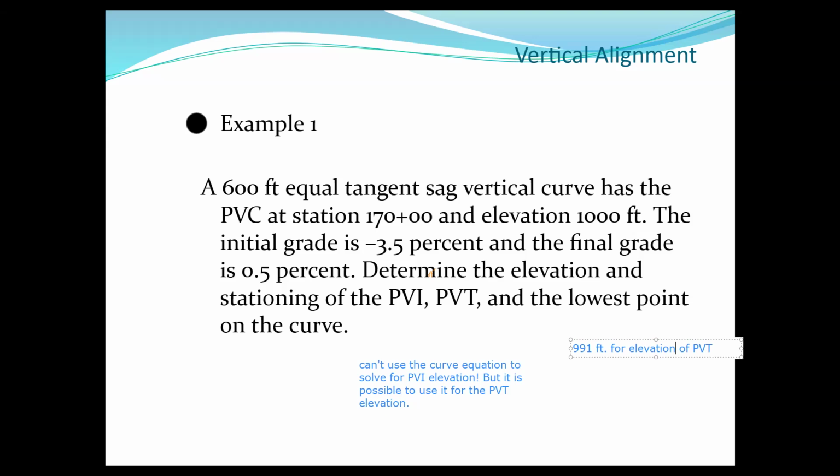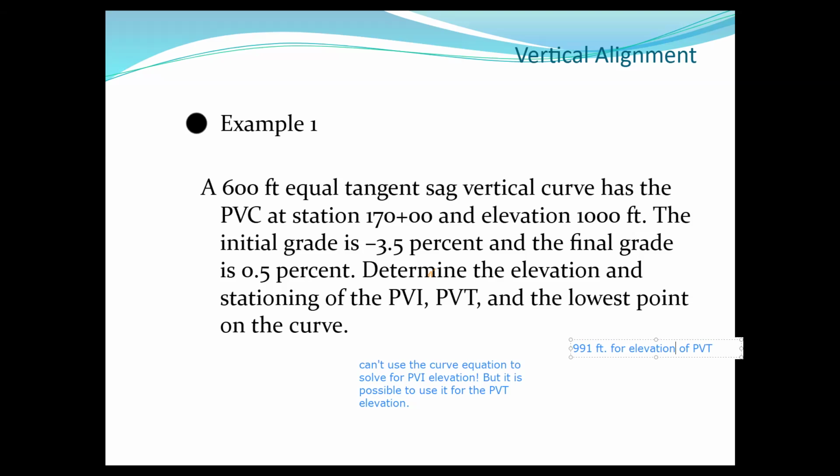So the elevation of PVI will be 1,000, because the elevation here at PVC is 1,000, plus negative 3.5 over 100 times 300, because every 100 feet you go down 3.5 feet. How much farther down would you go in 300 feet? This is what this term represents: negative 3.5 over 100 times L over 2.